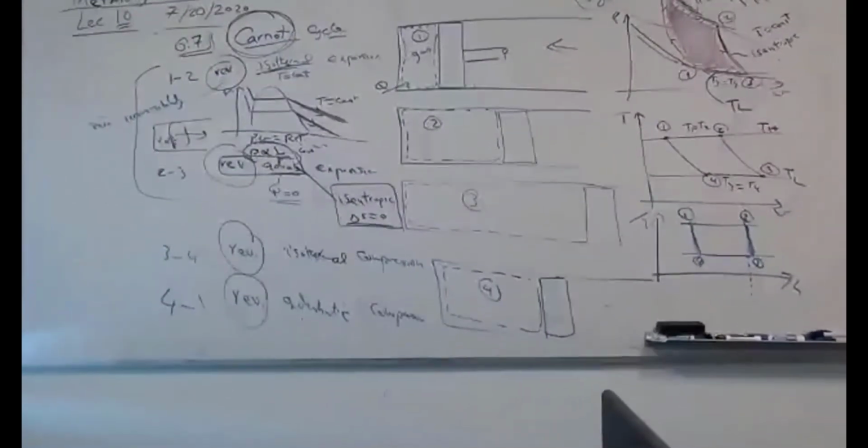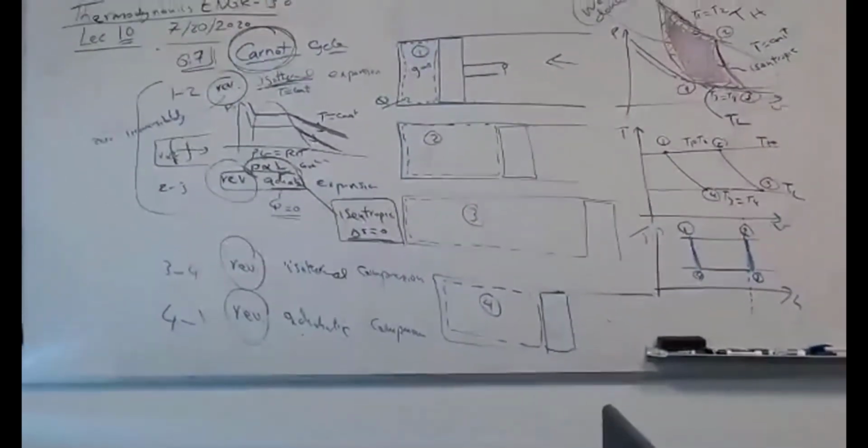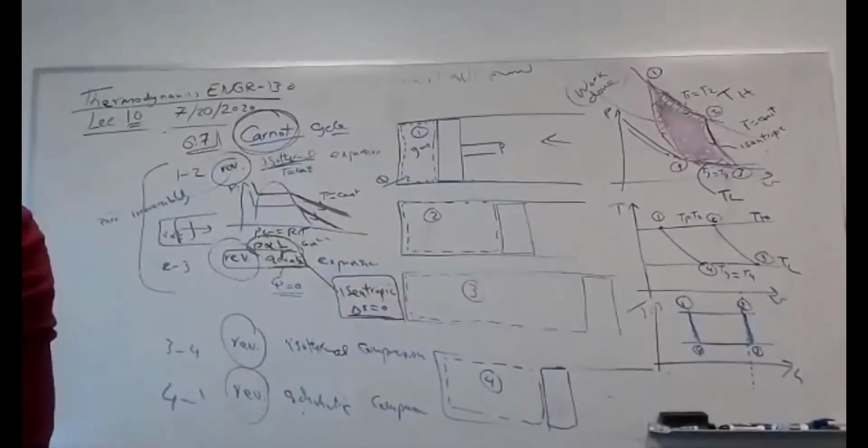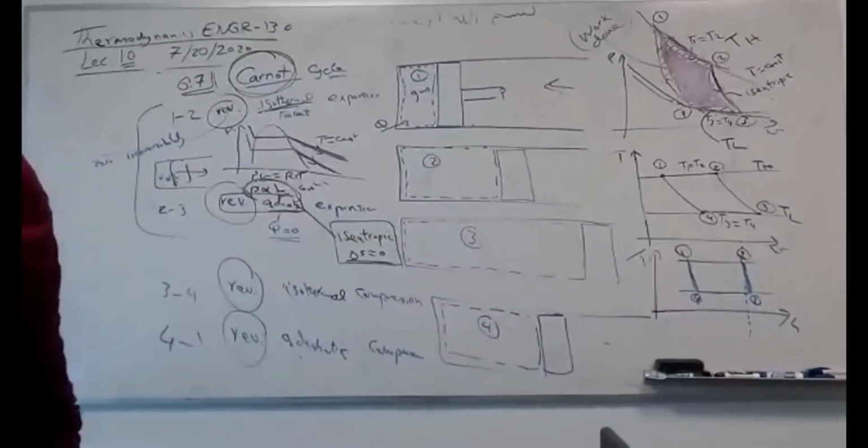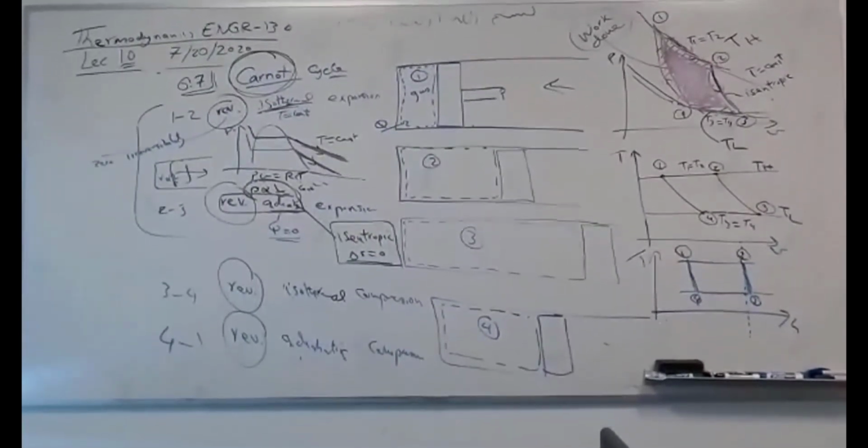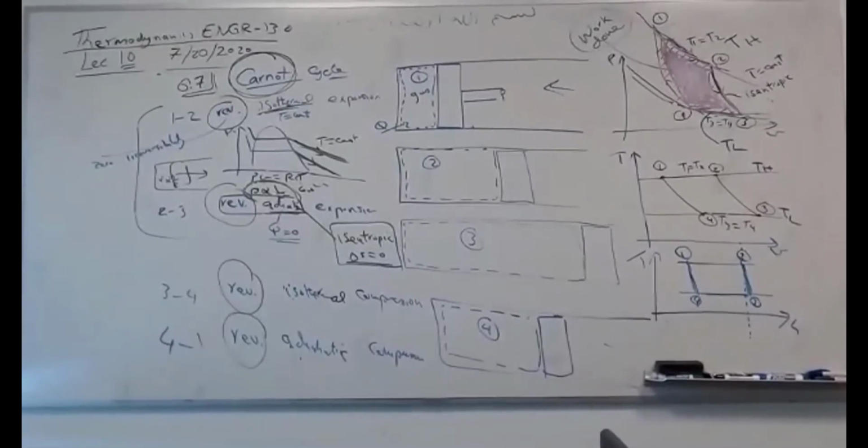So today we're going to continue what we stopped last lecture, which is Carnot. In section 6.7 we said that we have the Carnot cycle. This is lecture 11, but we're going to start over from lecture 10 again, which is the Carnot cycle.